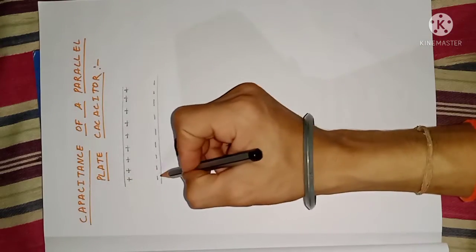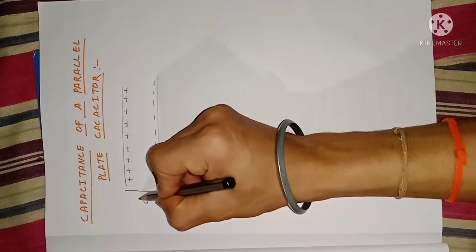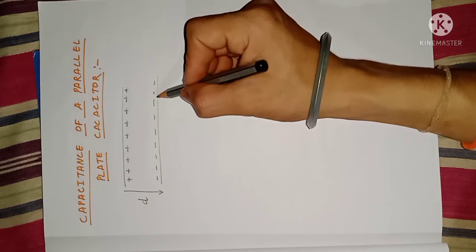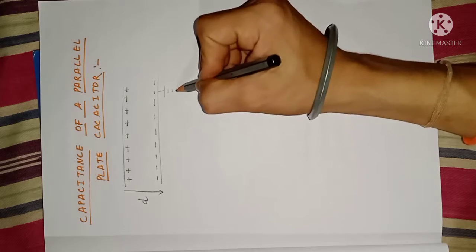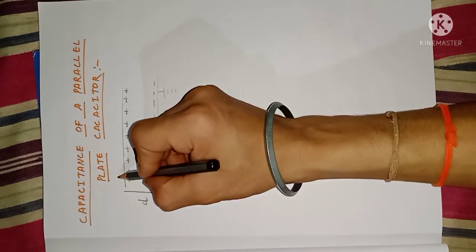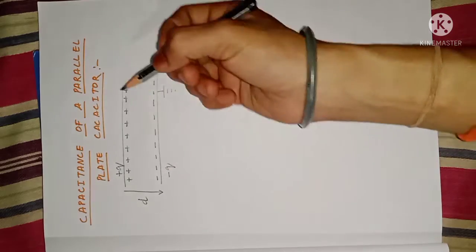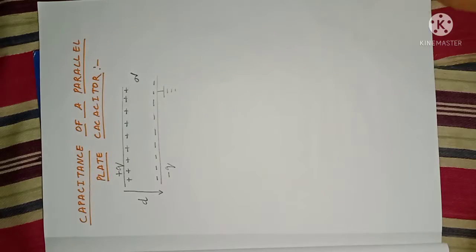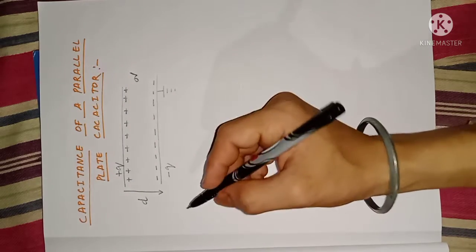The distance between them is d, and the negatively charged plate is connected to ground. This one is plus q and this one is minus q. Let the surface charge density be sigma. Then let us first write the consideration part.